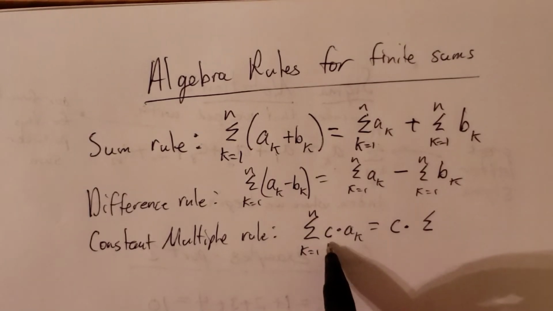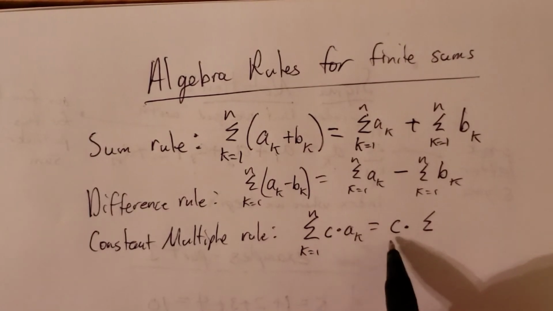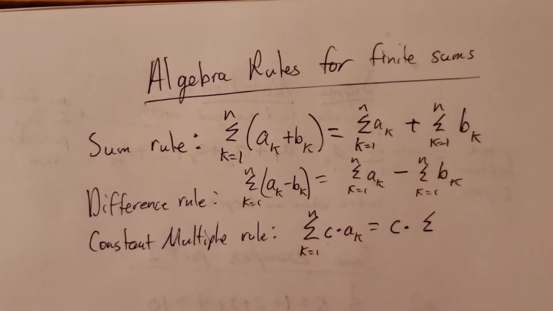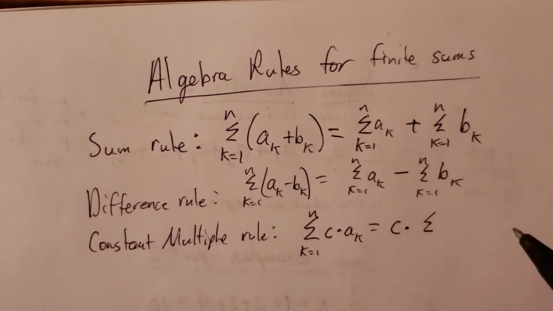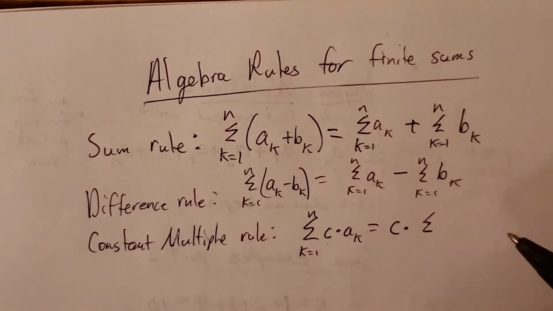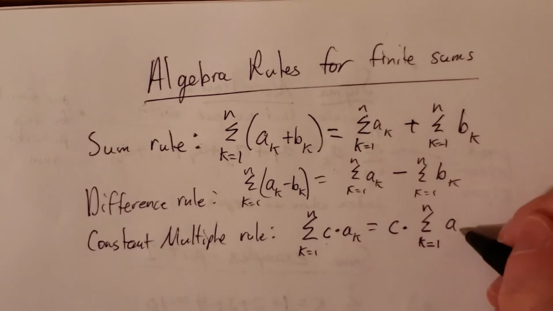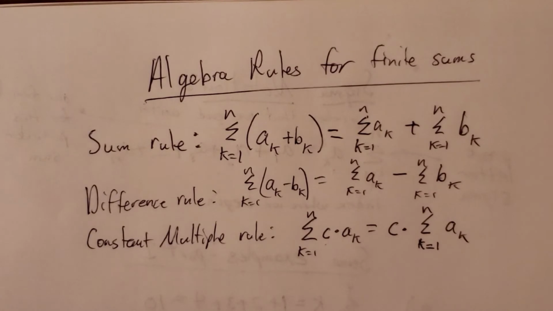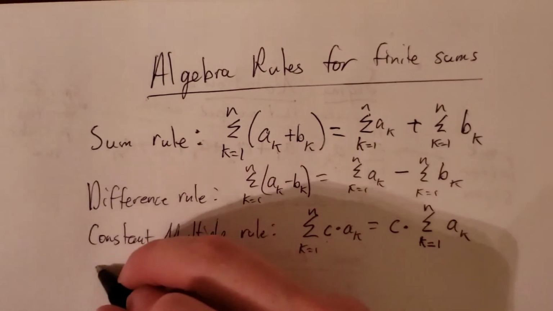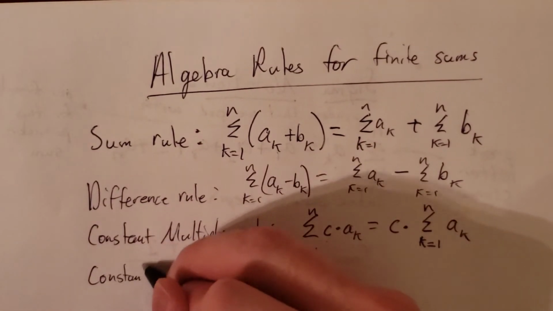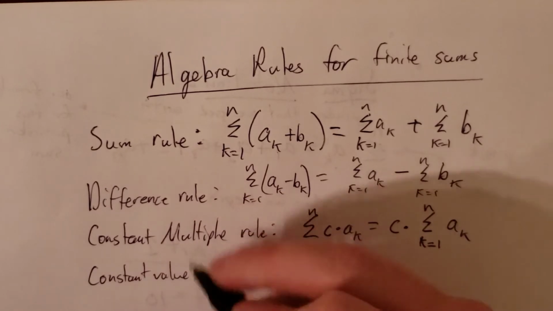If we have c within each of these terms, then we can factor a c out of each term, and then it's just c times the sum of all of those terms after we factor the c out. So that's exactly what this says here. And a constant value rule.